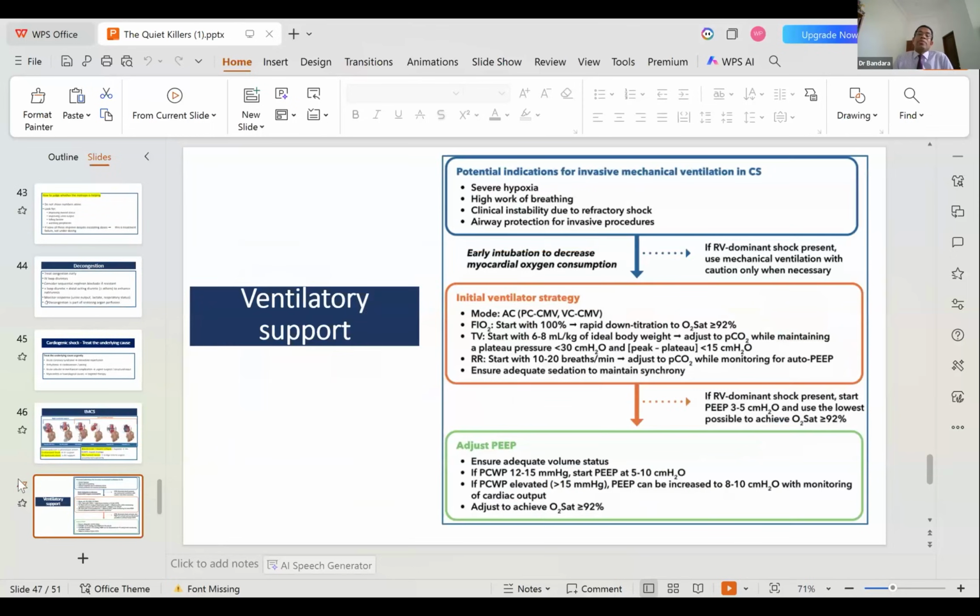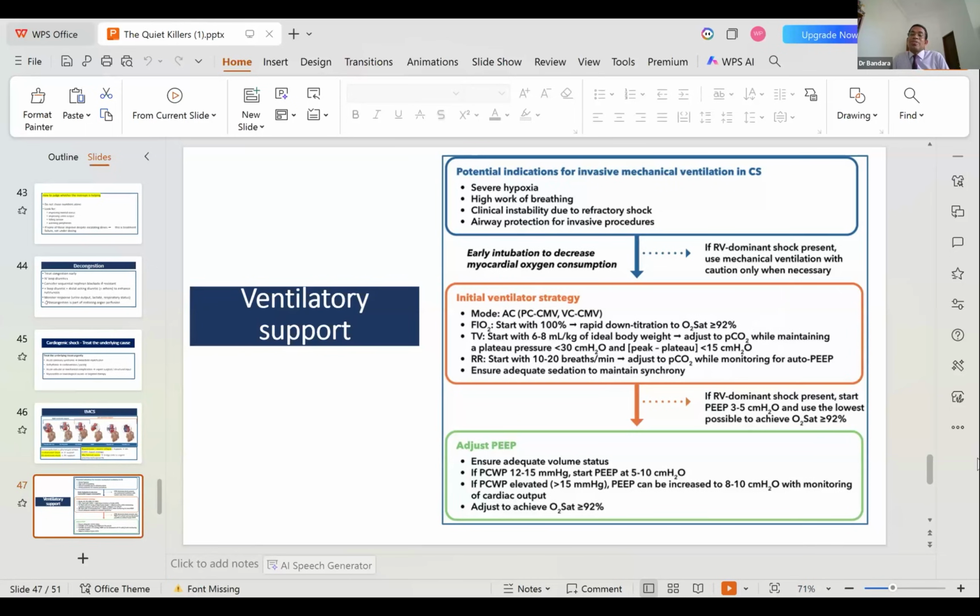A few words about ventilatory support. Since this patient has severe hypoxia, you need to give oxygenation support. If that fails, you can start invasive mechanical ventilation. Ideally the mode is AC mode. Your starting FiO2 should be 100%, and you can step down to maintain saturation more than 92.